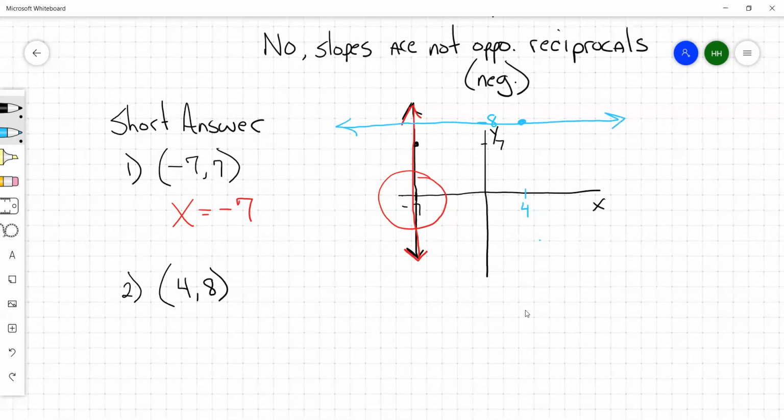Is that line ever going to hit the x-axis? And where does it hit the y-axis? At 8. So that equation is y equals 8. Vertical lines are always x equals lines. Horizontal lines are always y equals a number, the intercept.